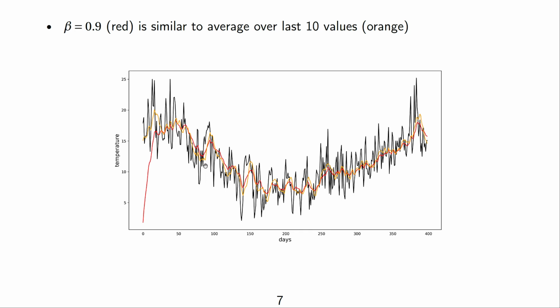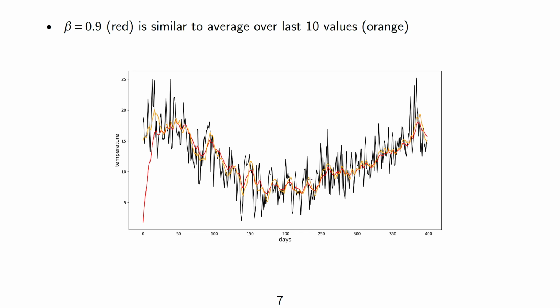And this then results in this orange curve going here. So this orange curve is a bit smooth. I mean, it still looks quite jagged, but it kind of removes several of the spikes of the black curve.